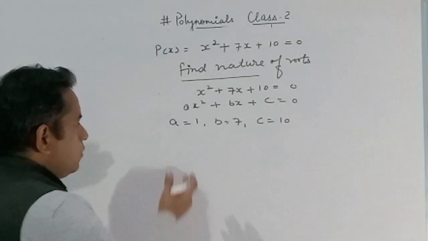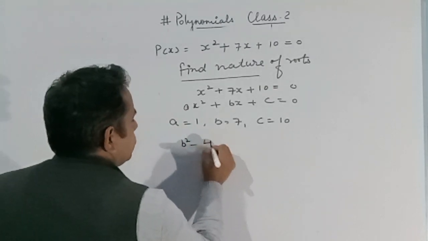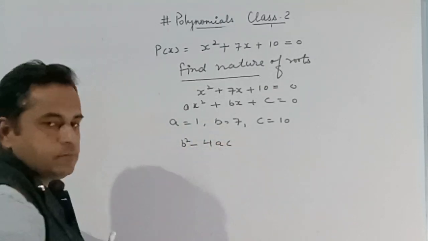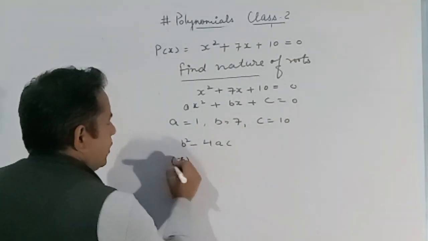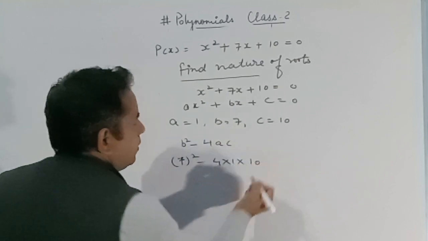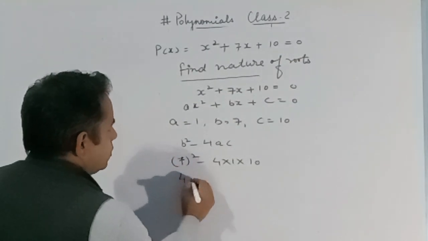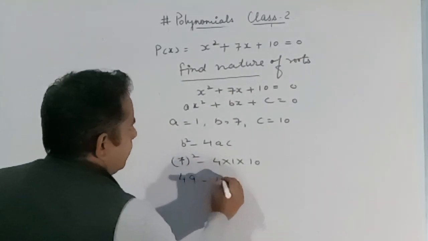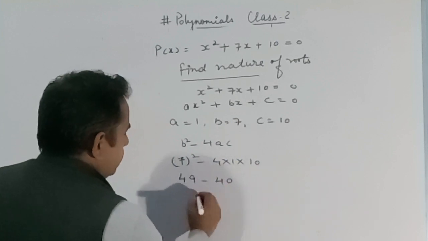Clear? So let's have now b square minus 4ac. b is 7. 7 square minus 4 into 1 into 10. So this is 49 minus 40. What will it be? 9.